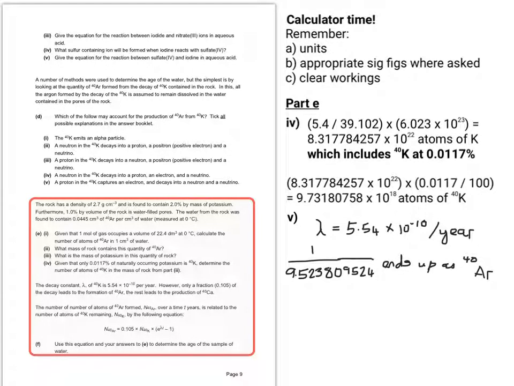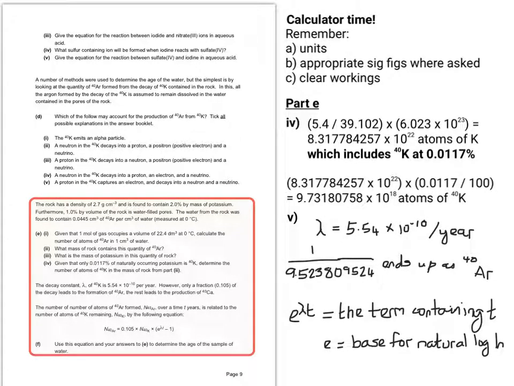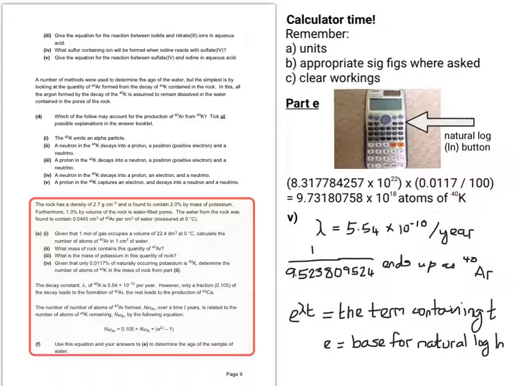So we want the actual age of the sample of water. So e to the power of the decay constant times time is the term containing time, which is what we actually want. So e is the base for natural log ln. So the photo shows where you can find the natural log button on your scientific calculator.